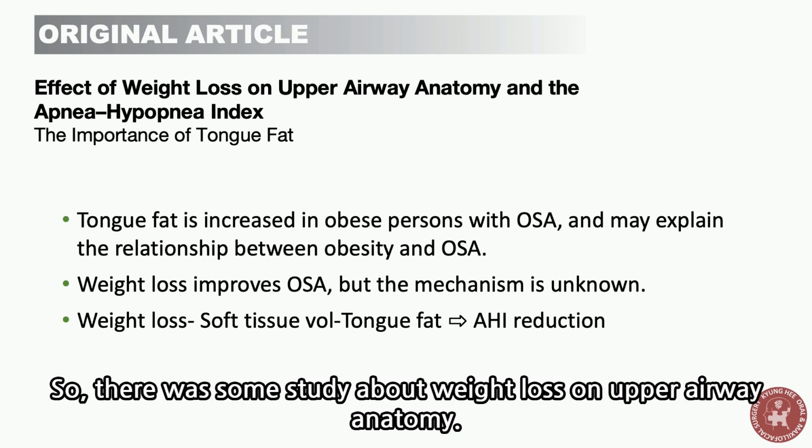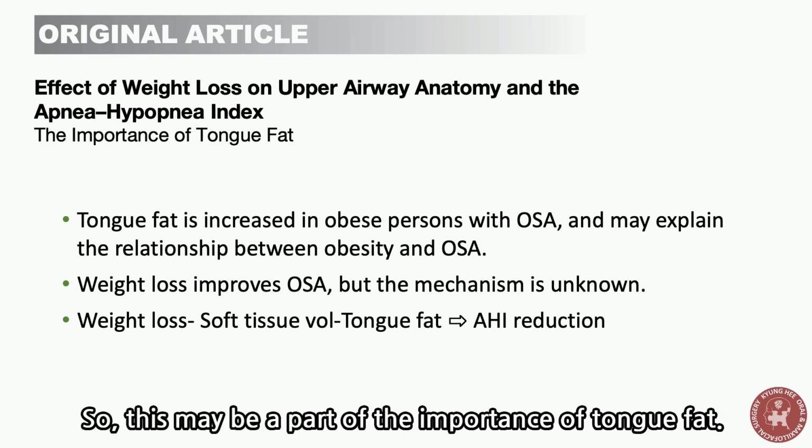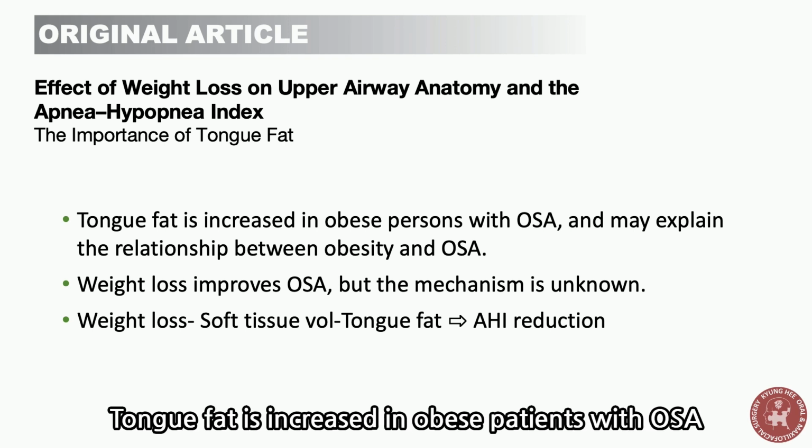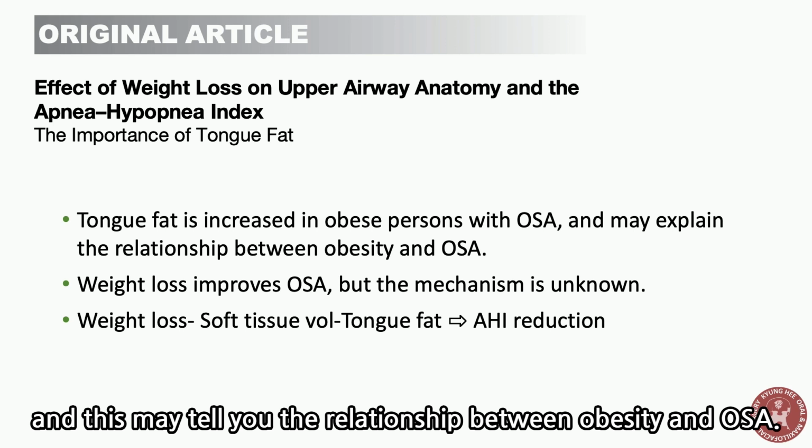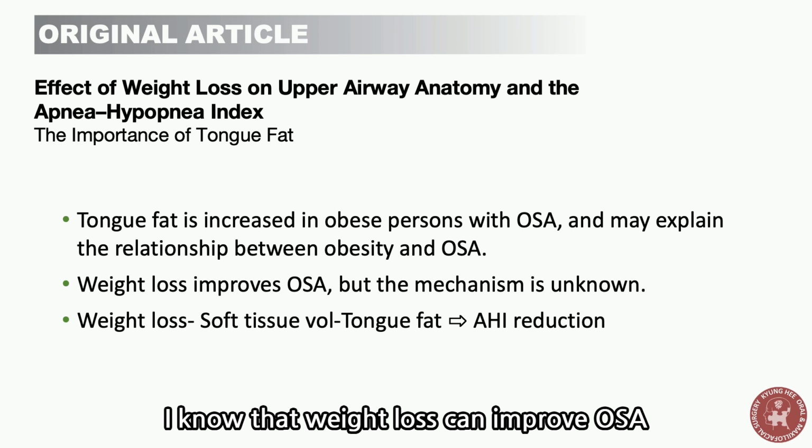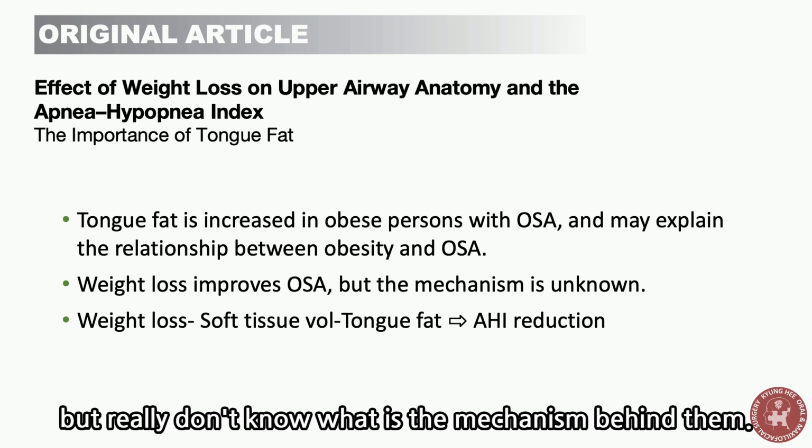So there was some study about weight loss and upper airway anatomy. So this may be a part of the importance of tongue fat. Tongue fat is increased in obese patients with OSA, and this may tell you the relationship between obesity and OSA. I know that weight loss can improve OSA, but we really don't know what the mechanism behind that is.